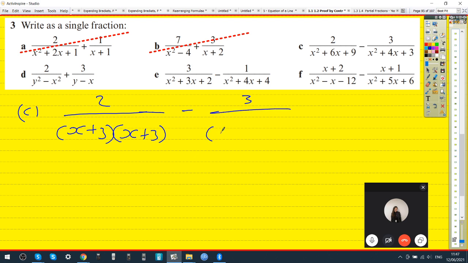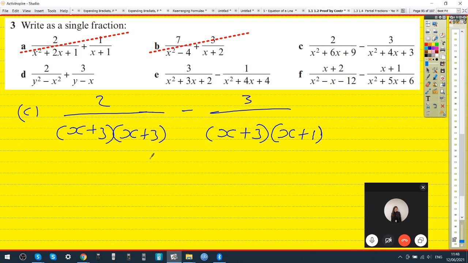It's the only one, just x plus 3. So that's kind of weird. Then this one is x plus 3, x plus 1. So how do we get a common denominator? As in, the one in the bottom left is just x plus 3 as a bracket. There's no other bracket, so it has to be the same bracket twice. So the calculator just showed you the one answer.